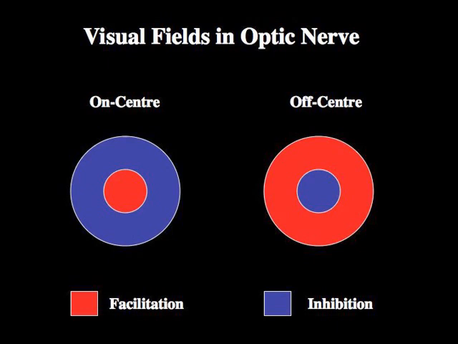So we've demonstrated how stimulation at the center of a visual field causes facilitation or an increase in action potential rate in an on-center visual field, and inhibition or a decrease in action potential rate for an off-center visual field. What about the periphery of the visual field? How does that work? How does light shining in the periphery of a visual field have the opposite effect to light shining at the center?